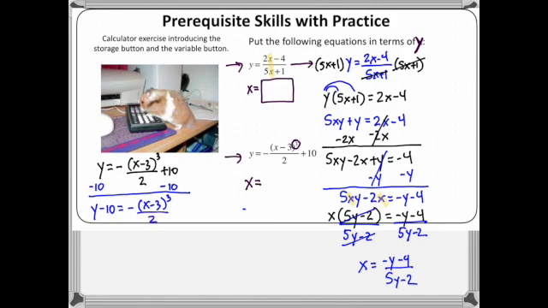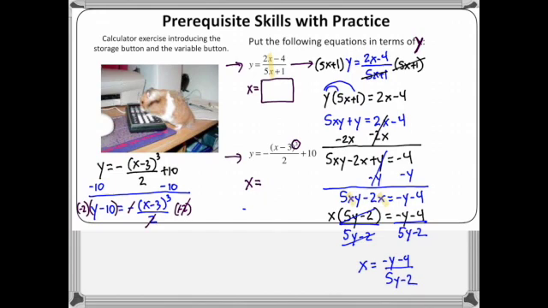Okay, and so what we want to do next is that I'm going to try and move the negative and the 2 to the left-hand side with one step here. So I'm going to multiply each side by a negative 2. And I got a negative 2 right here. And so negative times a negative, that's going to cancel those out. And then the 2 divided by 2, that's going to cancel those guys out.